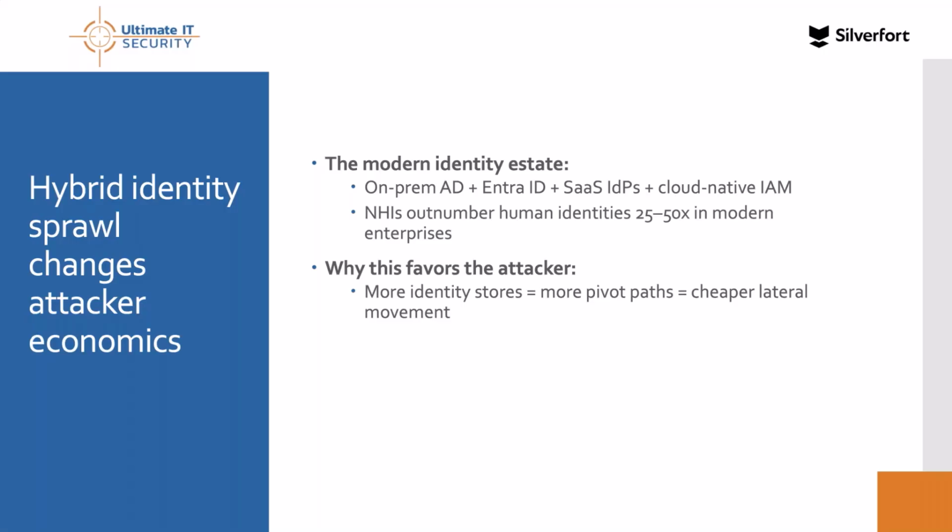They don't have to do as much work because they can try, let's say, the same password for a user across 4 different stores. It worked on 3 of them. Great, now I have access via 3 identity stores, and I can see where I can pivot from. That sort of thing, because we all know that users don't change their passwords. They use them everywhere. They shouldn't, but they do. They use the same password over and over again.